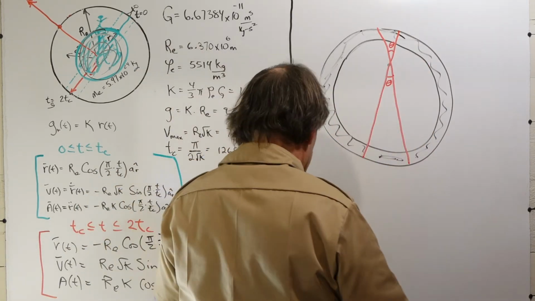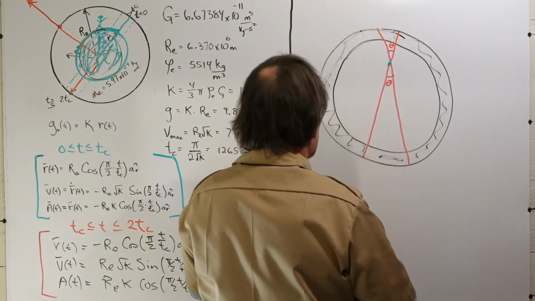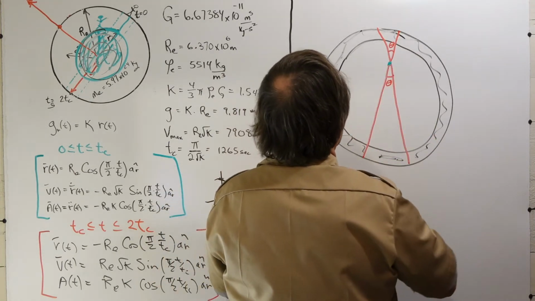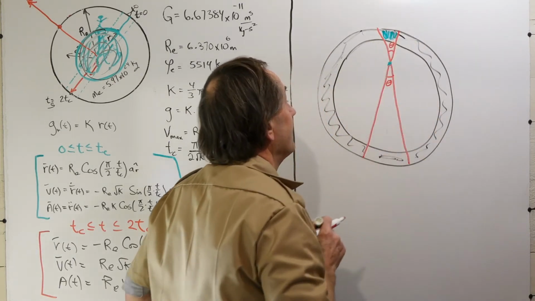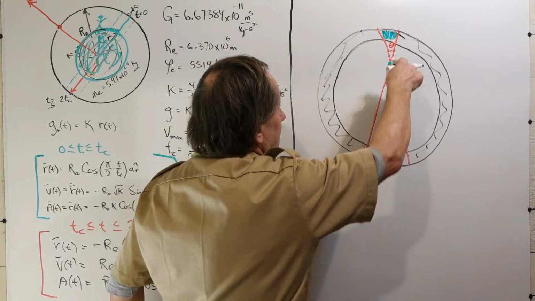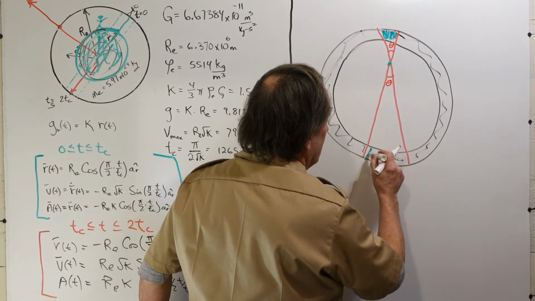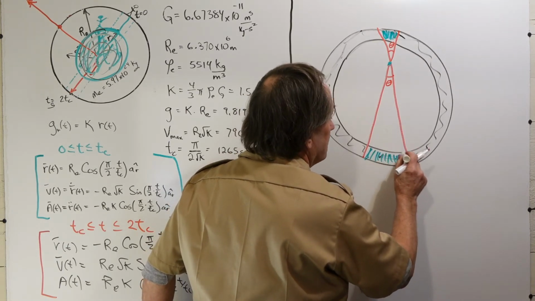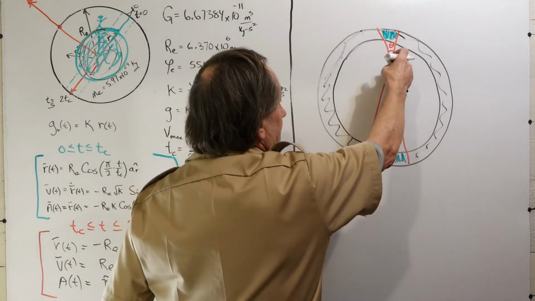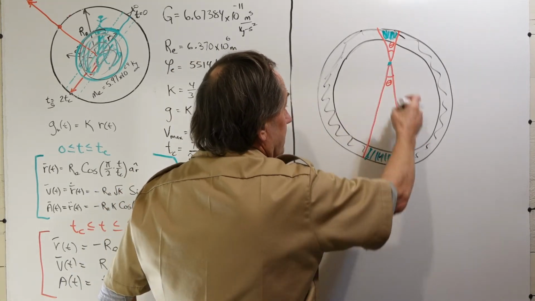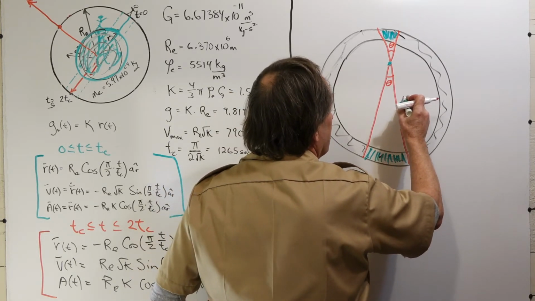Now, when we're offset from the center, we're closer to some mass over in here, and the amount of mass that we see that's close to us is subtended by that angle theta. And the mass that's further away from us, since the angle spreads out, we see more mass. And it turns out the amount of mass that we see increases by the same amount as the distance squared away. So they end up canceling.